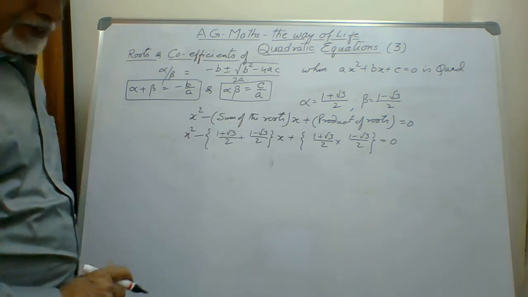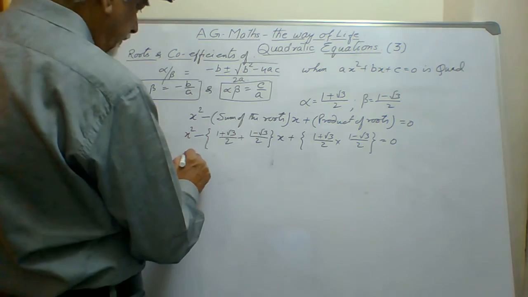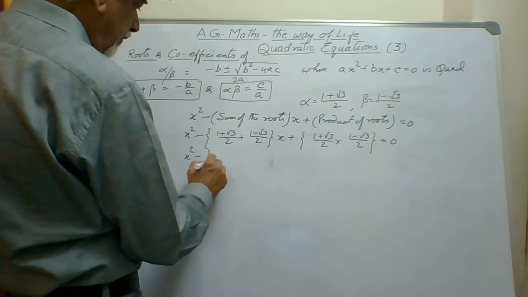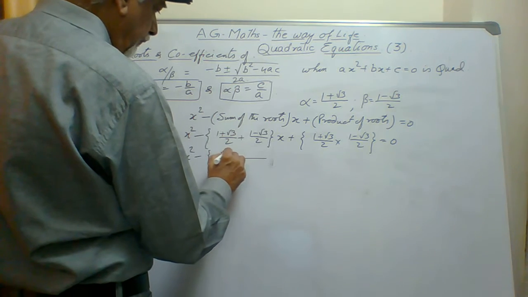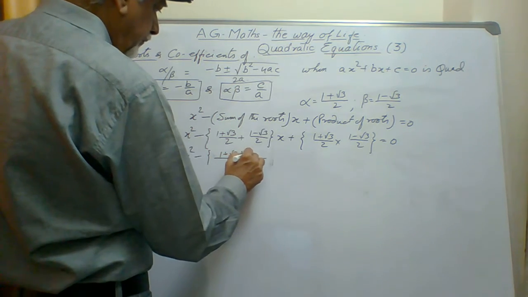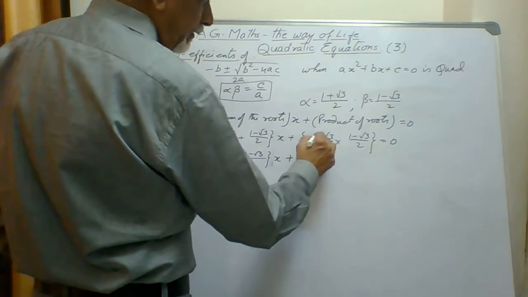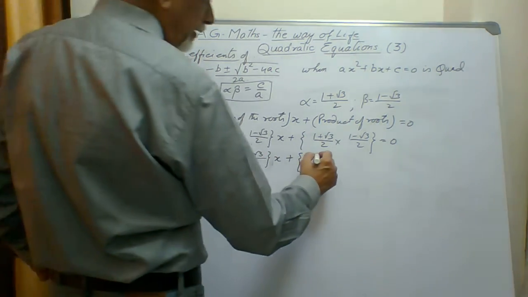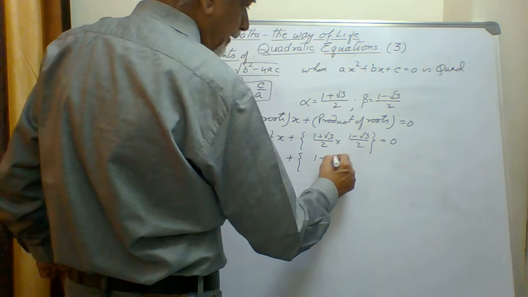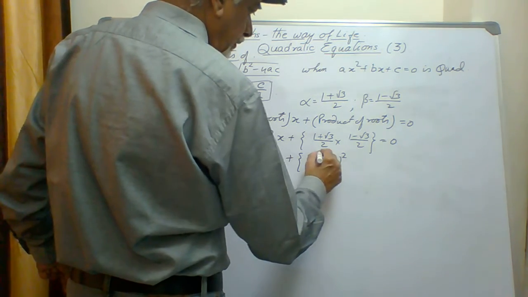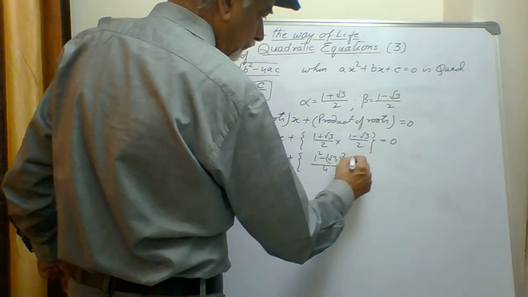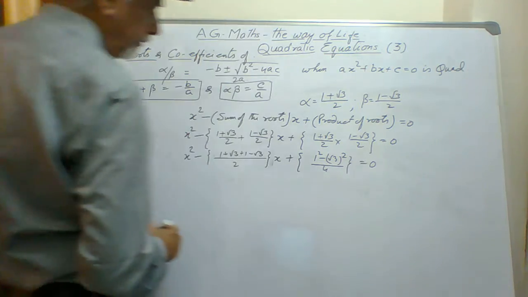Now simplifying this, what I get is x² minus, 2 is the LCM, (1 + √3 + 1 - √3) times x, plus, it is again (a + b) into (a - b), so I write (1 - 3) whole by 4, is equal to 0.